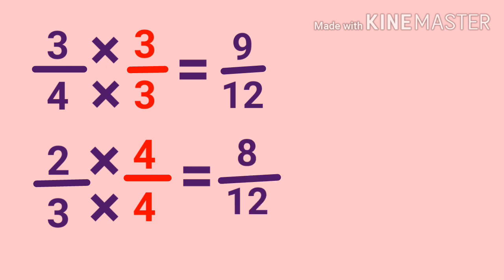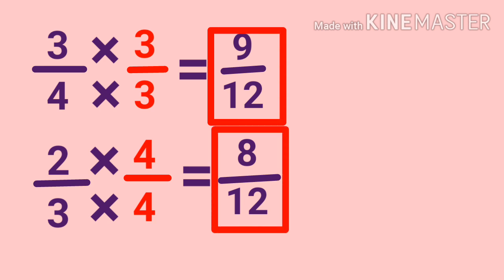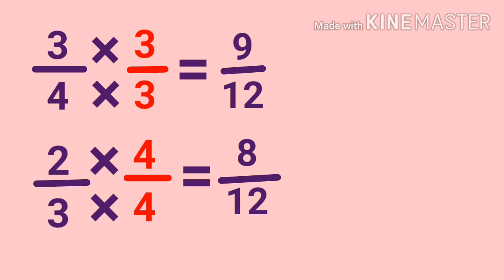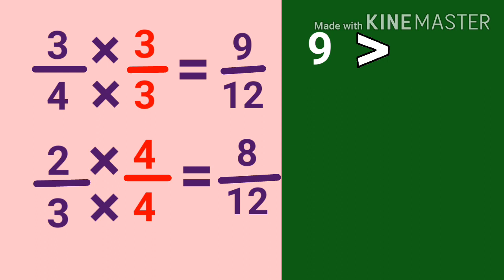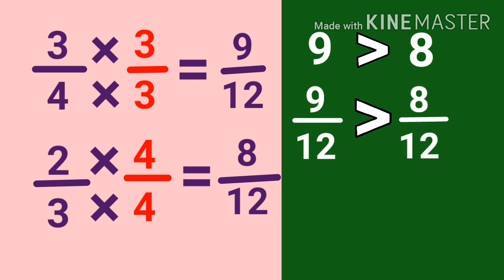Now 9/12 and 8/12 have the same denominators, and again when the fractions have the same denominator we can compare the numerators of the fractions. Like in the first situation, here 9 is greater than 8, right? So 9/12 will be greater than 8/12.